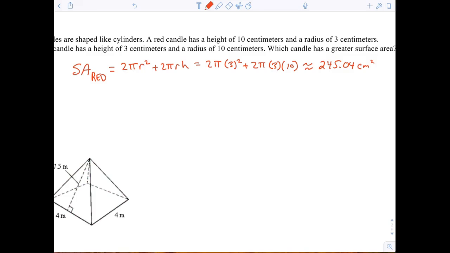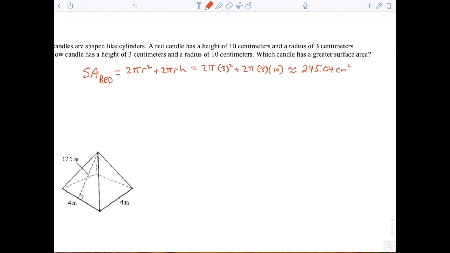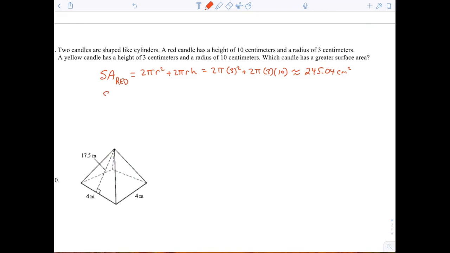All right, now we need to figure out the surface area of the, what other candle was it? Yellow. So surface area of the yellow, again, 2 pi r squared plus 2 pi r h. What's the radius? 2 pi times 10, what's the height?